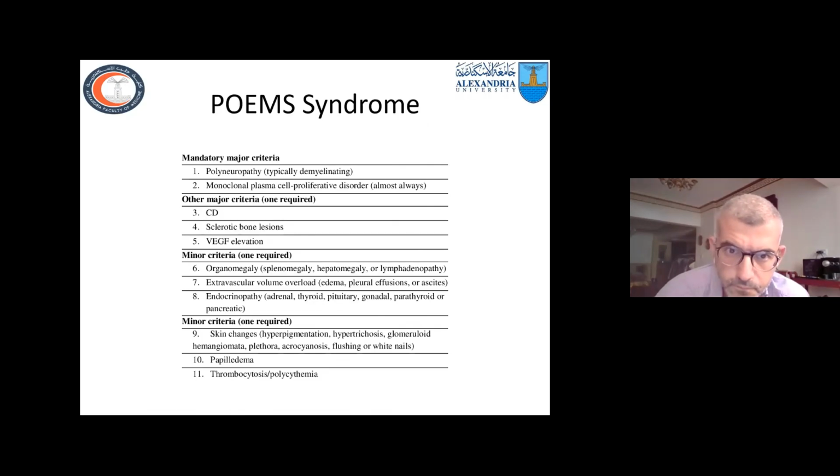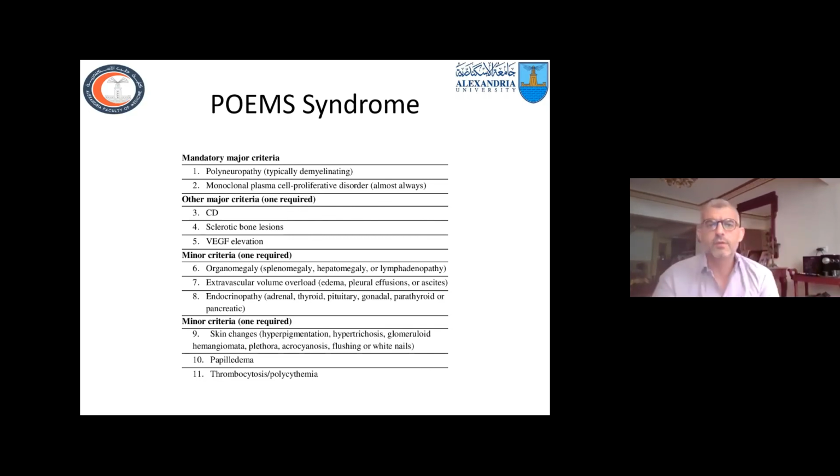We have the rare form, which is the POEMS syndrome, which is diagnosed mainly through the major criteria. Also, again, the other pathology that involves having a nervous system affection other than the amyloidosis.